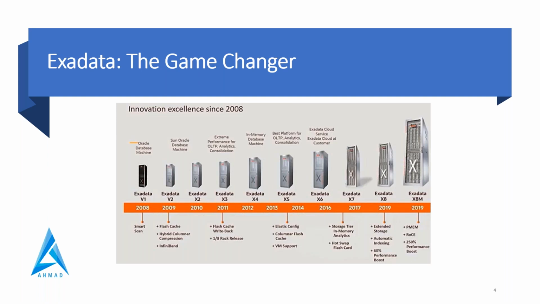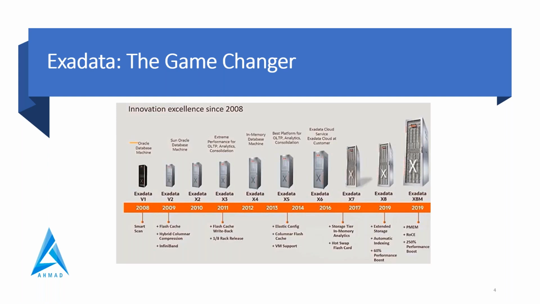I will cover later what smart scan is. I'm just giving you a brief introduction about all the machines and the important features which were introduced. Then in 2009, it introduced Exadata V2, where we had flash cache, hybrid columnar compression, and InfiniBand.